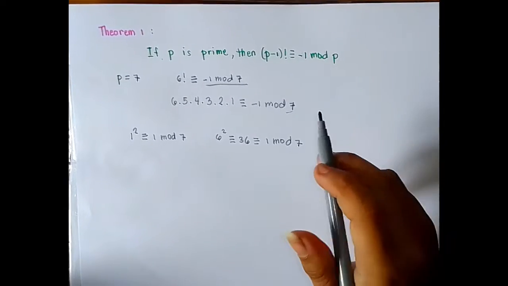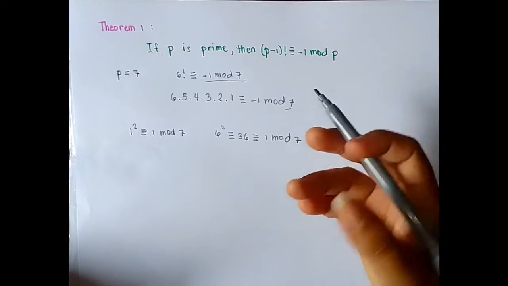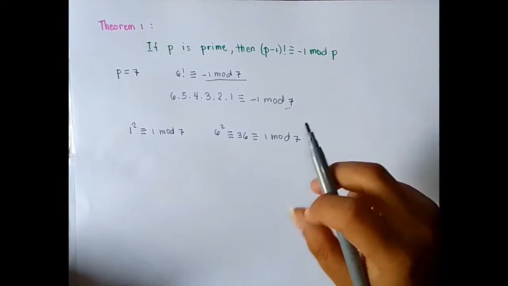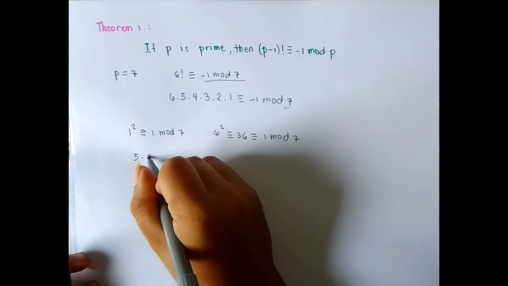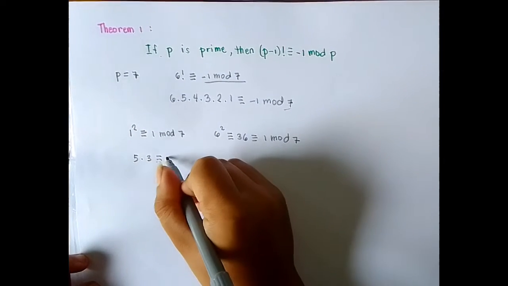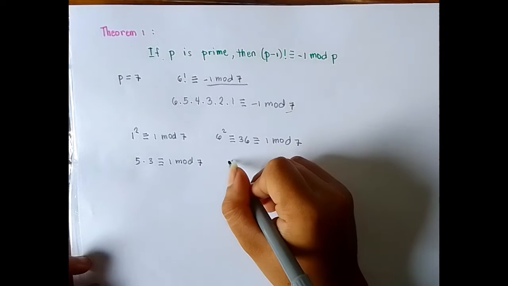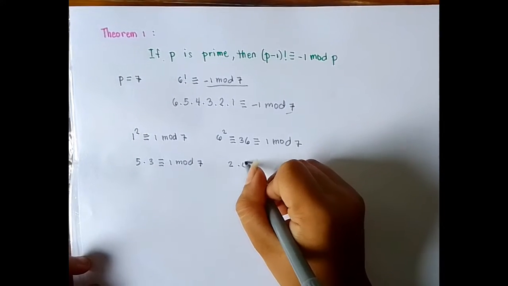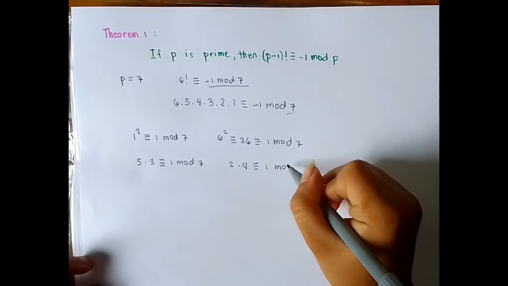Since 4 terms are left, we should be able to match them up as inverses of each other. We see that 5 times 3 is equivalent to 1 mod 7, and 2 times 4 is equivalent to 1 mod 7.